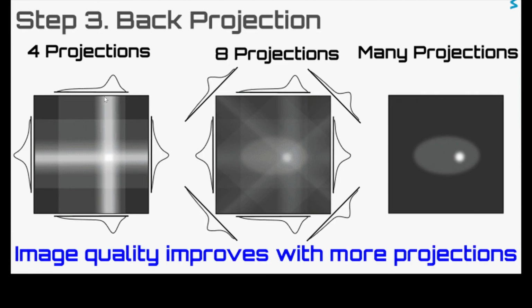So here we are at the back projection, and this is where the image will be reconstructed from the projections. Again, we're only showing 4 projections. There are normally at least 180.